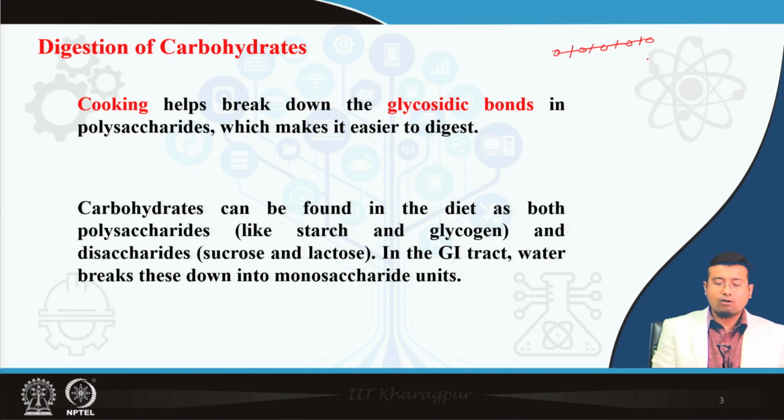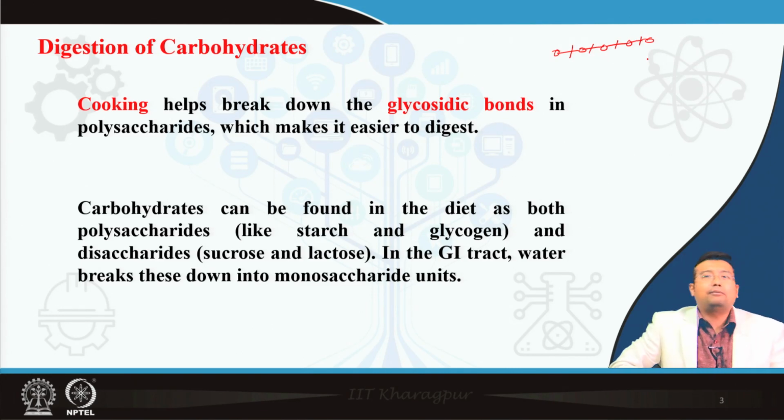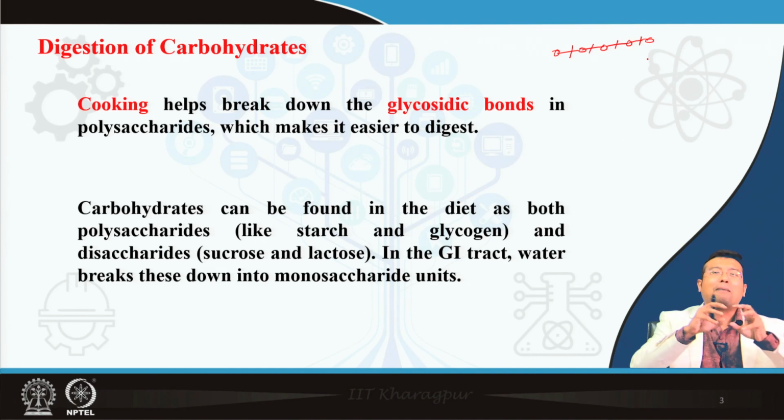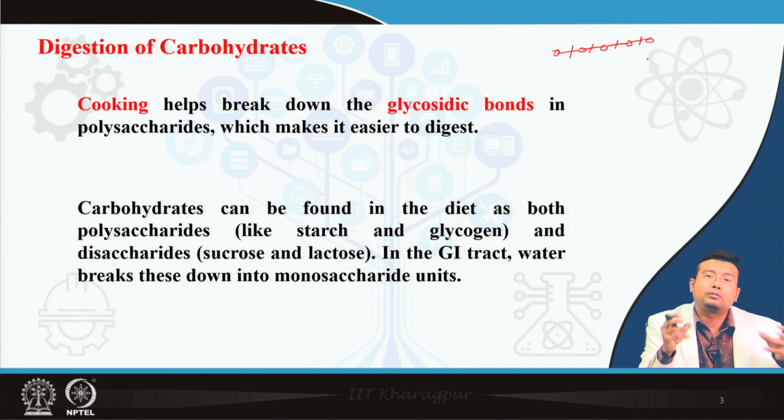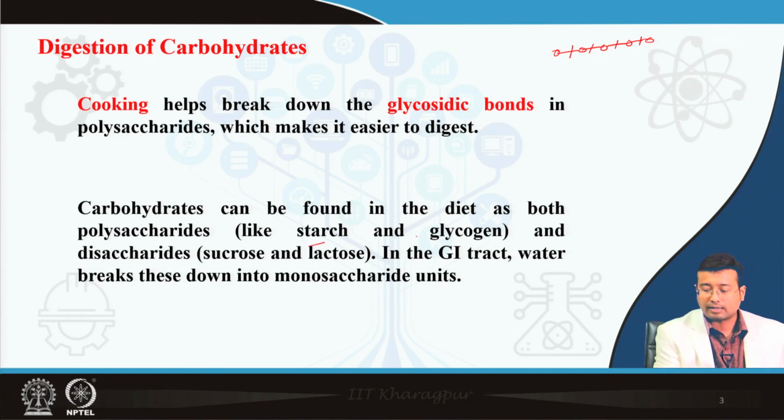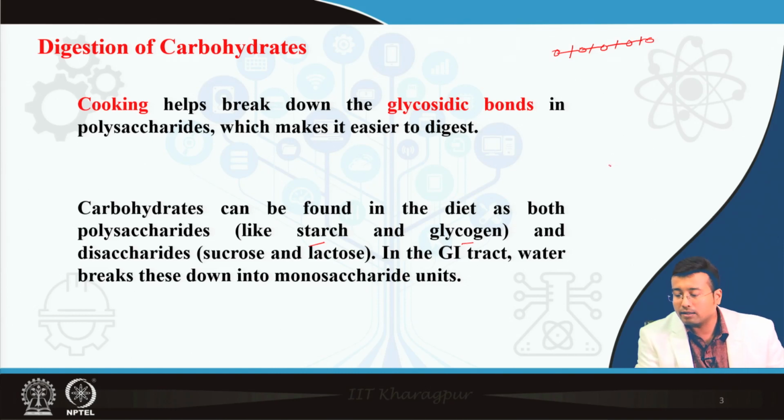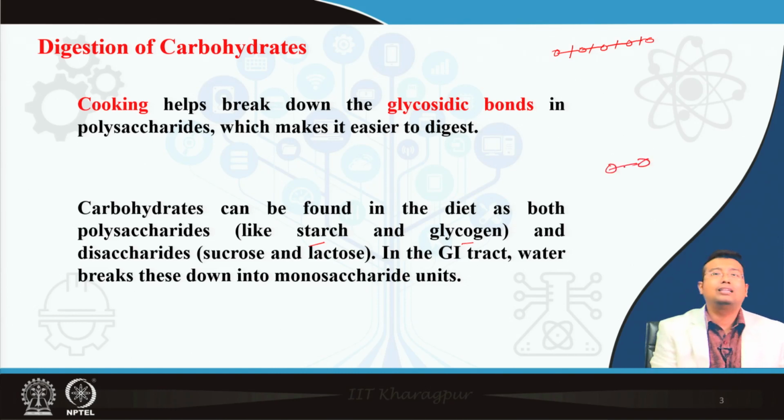Okay. Now, carbohydrates can be found in diet as both polysaccharide and disaccharide. Polysaccharide means multiple units of monosaccharides are connected. Examples are starch and glycogen. And disaccharide means two monosaccharide units are connected with the help of a single glycosidic bond.